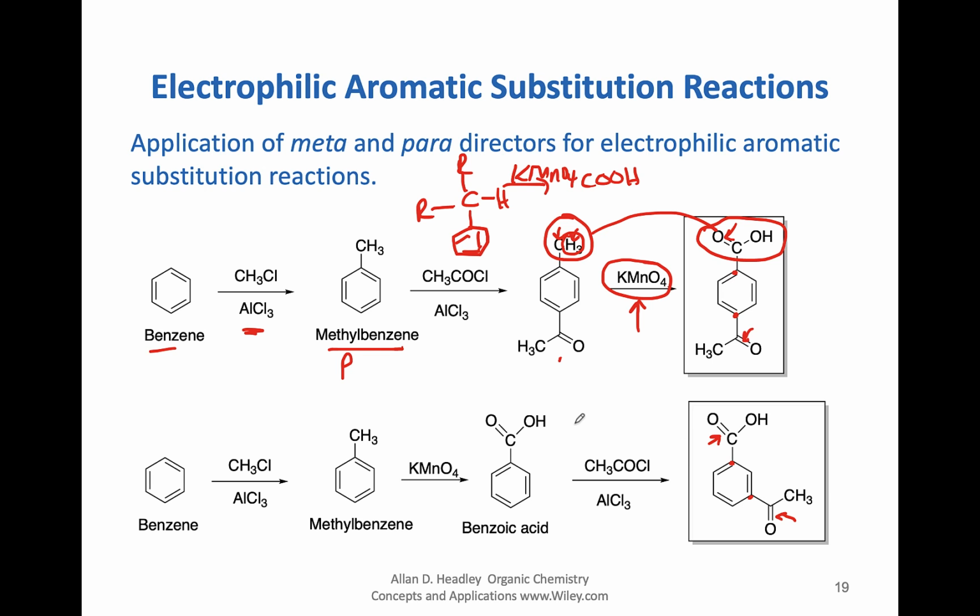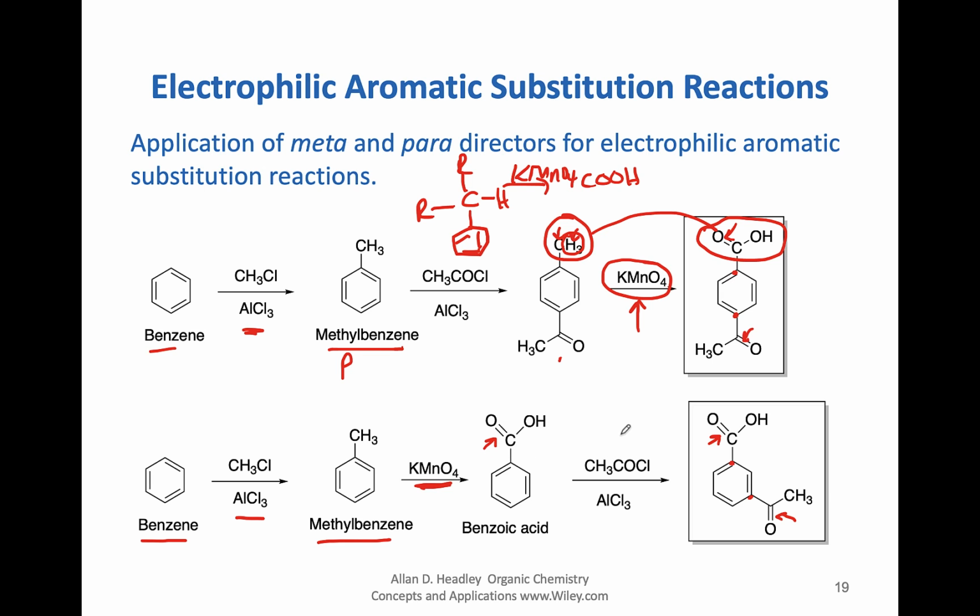So it's just a matter of the sequencing of reactions that we use. So here we can start again with benzene, do the Friedel-Crafts alkylation to get methylbenzene. Now we can do the oxidation to get the carboxylic acid, which has a double bond here. So this now becomes a meta-director.